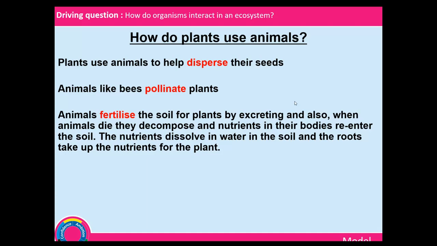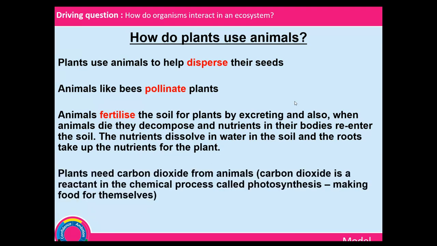So that's the circle of life. If you're looking, go watch that movie again, some of those interesting concepts all relate to your science. Anyway, let's move on. So plants need carbon dioxide from animals. Of course, we've just looked at the chemical process called respiration.